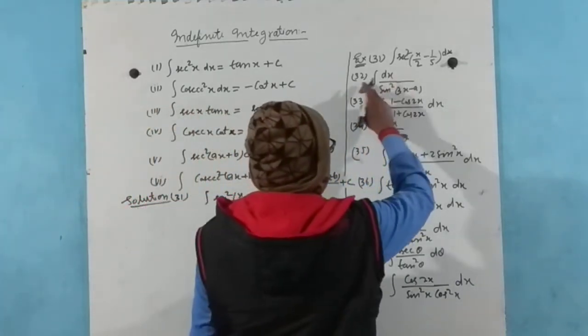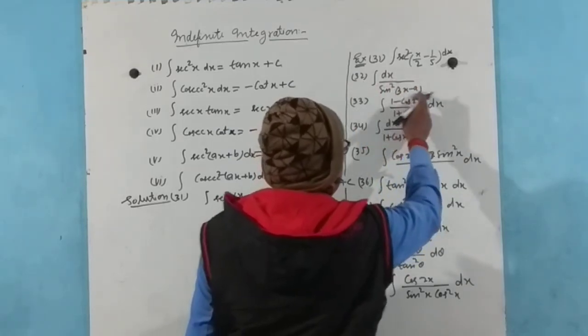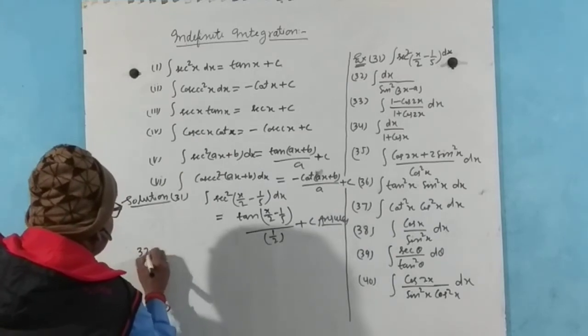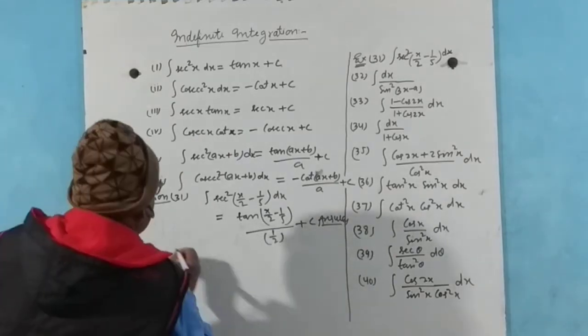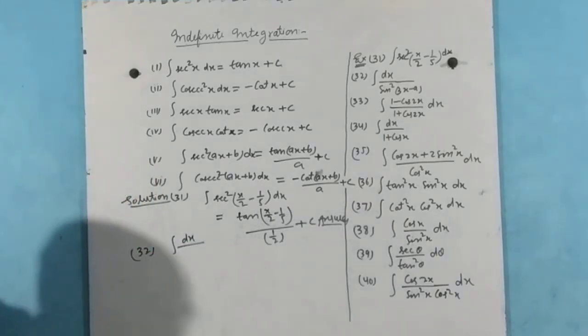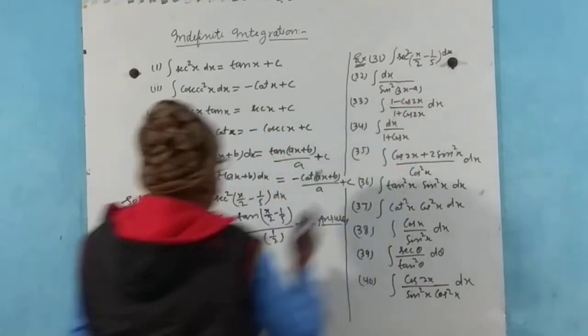Question 32: integration of dx divided by sin square (3x minus a).